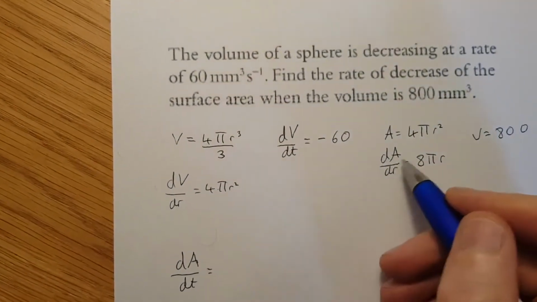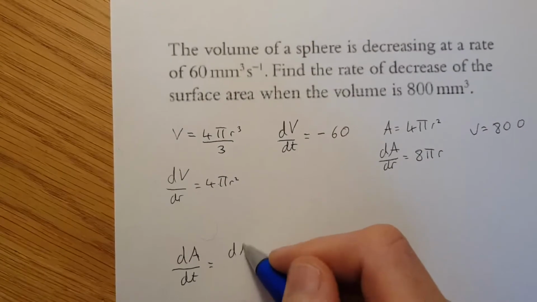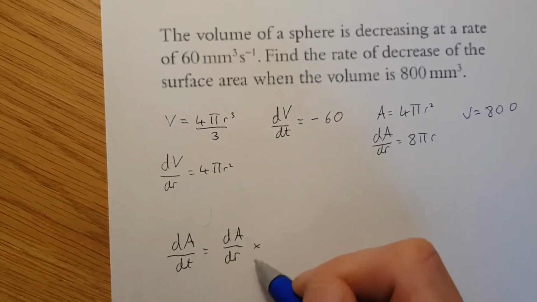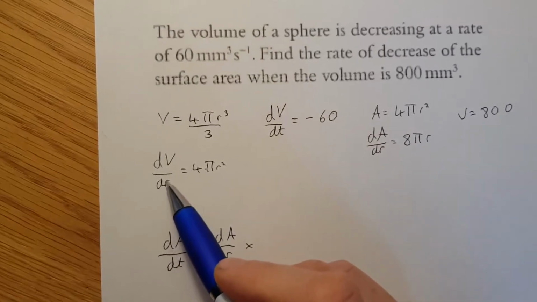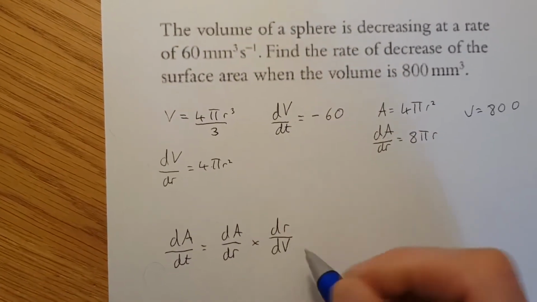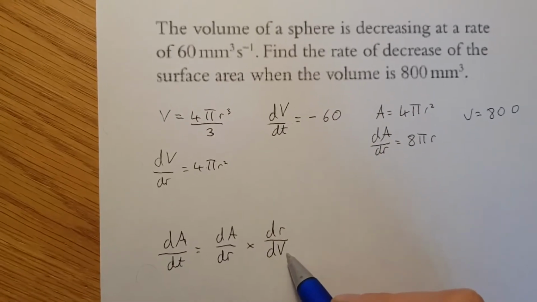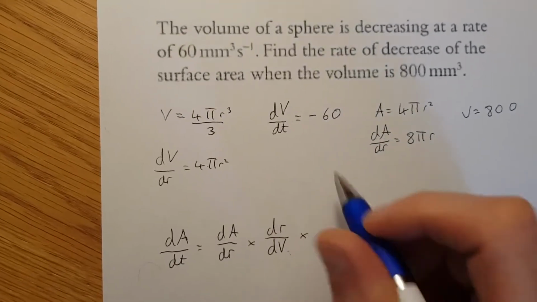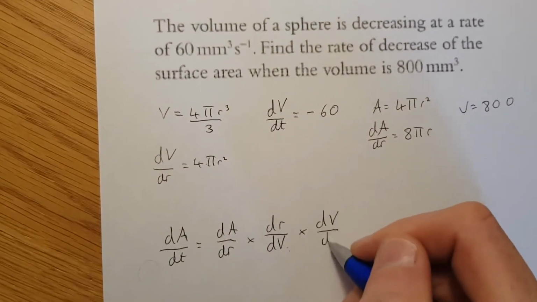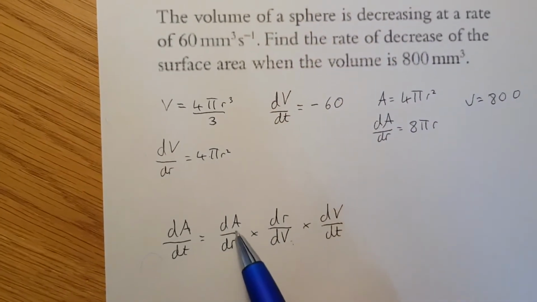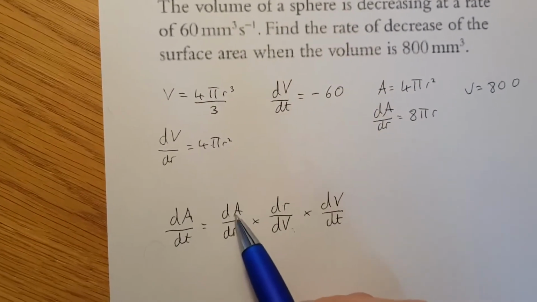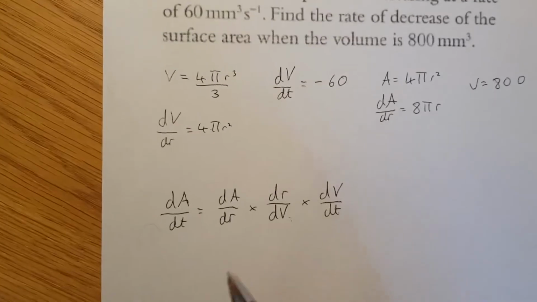So for dA by dt, I can use this one to give me an A in the numerator, dA by dr. I don't want a dr at all, so I need a dr to cancel out. I can use this one here, so I'm going to have to use the reciprocal of that, dr by dV. I don't want a V in the denominator, so I need a dV in the numerator to cancel that, so I can use dV by dt. The dr's will cancel, the dV's will cancel, and that will leave me with dA by dt.